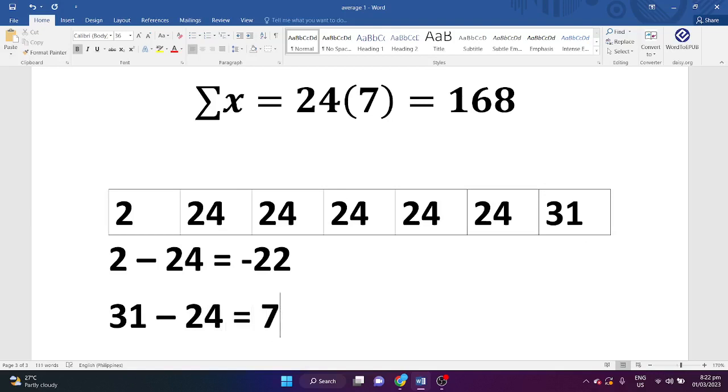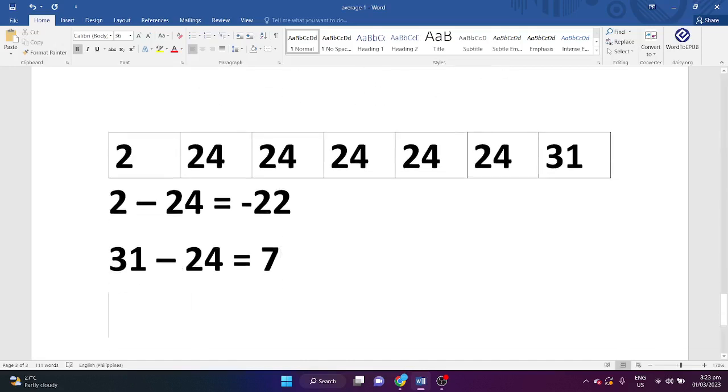So we have an excess of 7, and we're lacking with 22. Now adding these two, negative 22 plus 7 will give us negative 15. So still we lack 15.